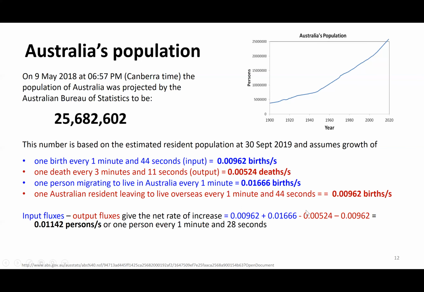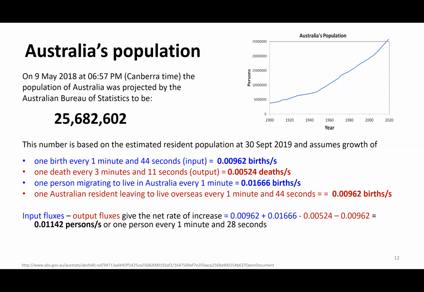This is made somewhat simple because this input flux equals that output flux, so they cancel each other, and then the difference is between the rate of migration into Australia minus the death rate in Australia. We end up with 0.01142 persons per second, or about 1 person every 1 minute and 28 seconds.